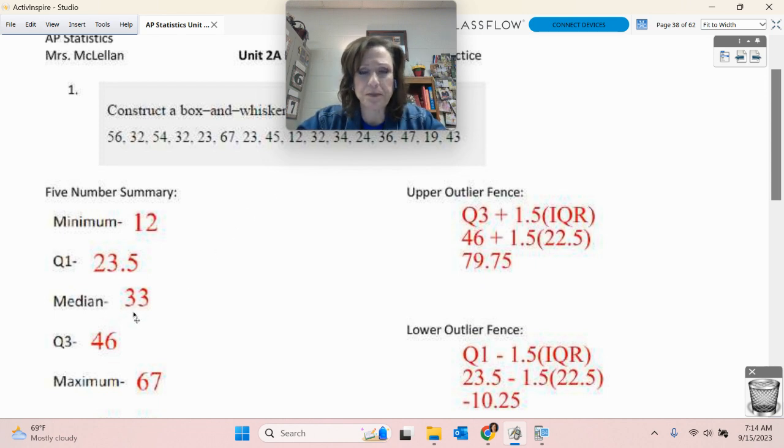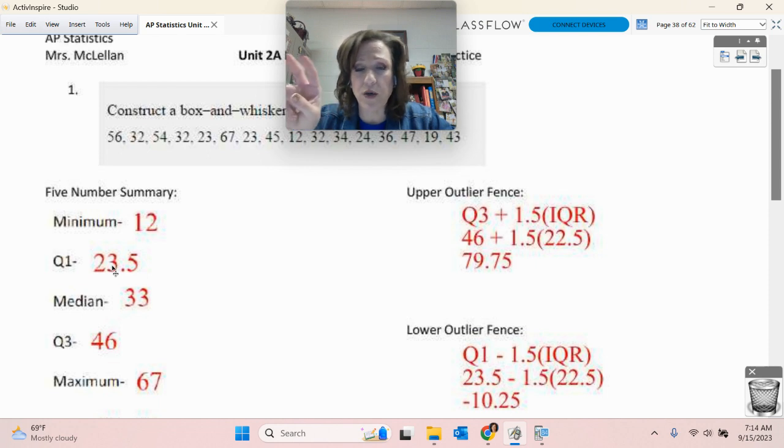That was 33. And then to get the quartiles, you basically are taking the median of each of those halves. So you take the left half and you knock those off until you find its middle, and then you get that value.